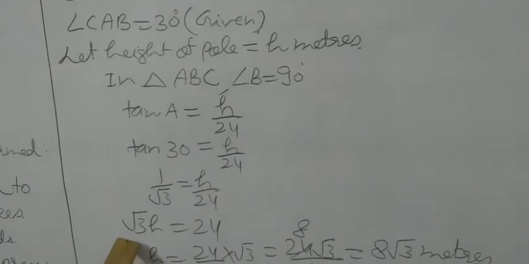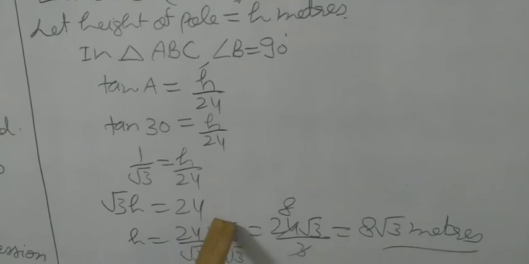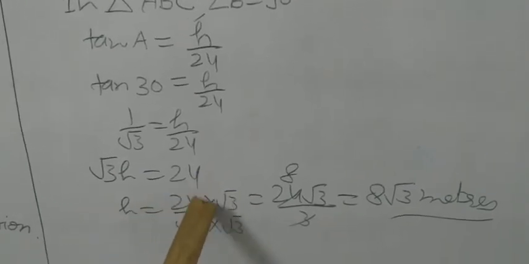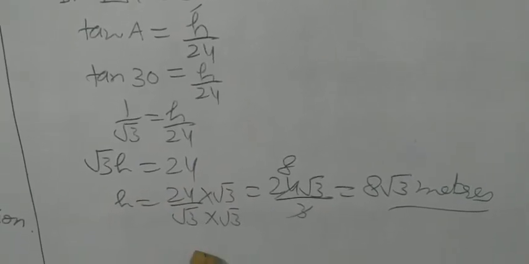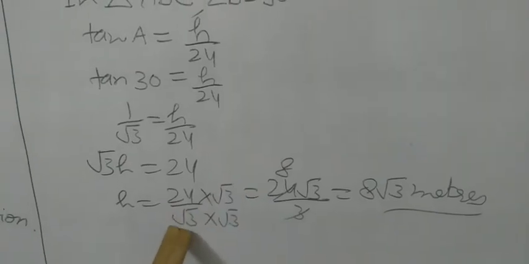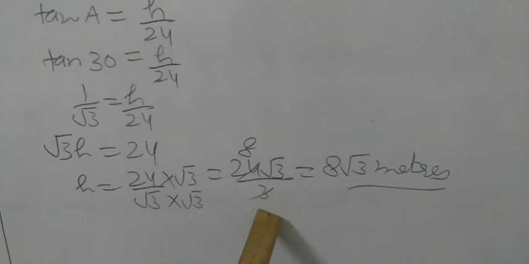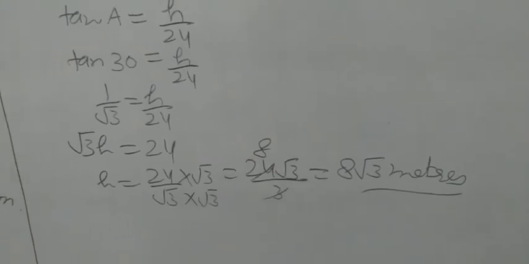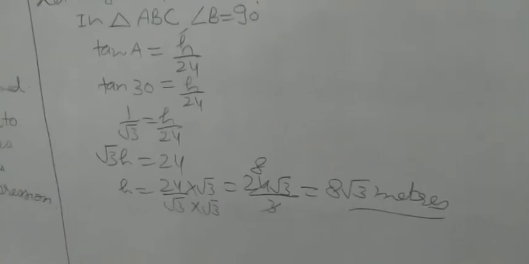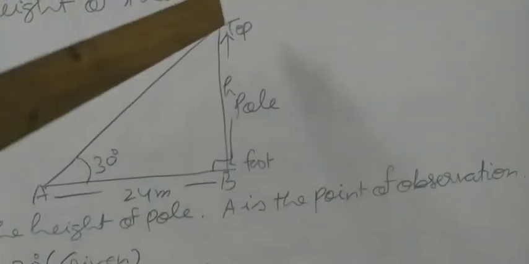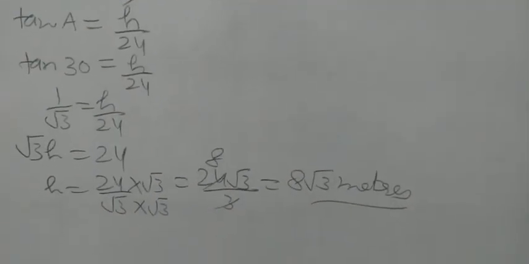By cross multiplication, root 3 H equals 24. H equals 24 upon root 3. Let us rationalize the denominator. So we have to multiply by root 3. So 24 root 3 upon 3, 8 root 3 meters. So the height of the pole is 8 root 3 meters. Okay students.